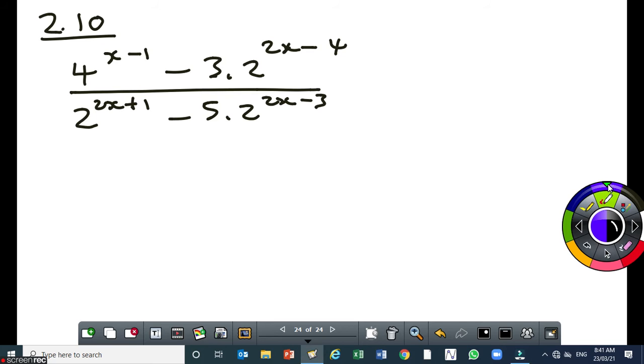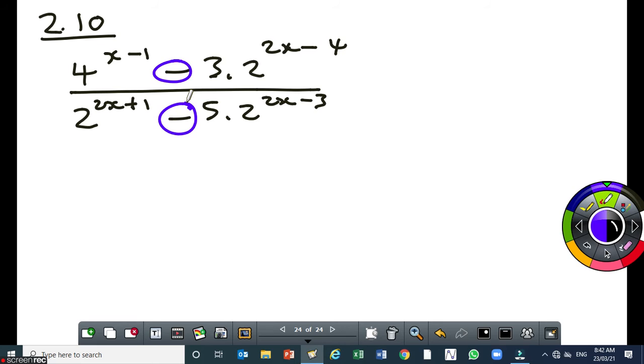No. Then find the common factor. If it's not there, create the common factor, then factorize. So here, because of this minus and that minus, it means you have to identify a common factor. You have to create a common factor in both the numerator and the denominator.